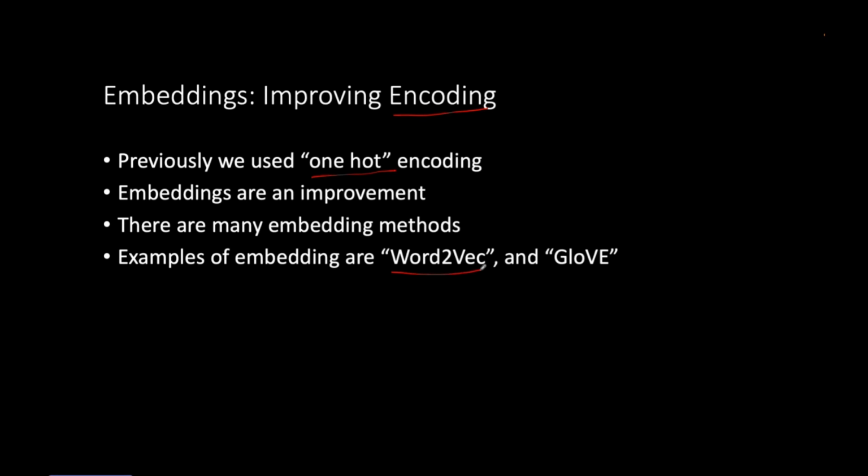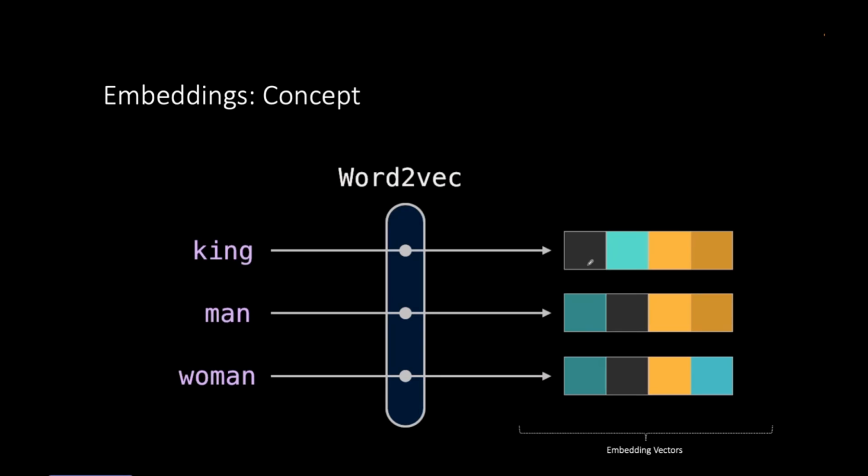A very famous one is Word2Vec or GloVe, but there's a full field dedicated to this. There are a lot of papers around, but just to get an understanding of what this means, the idea is that we go from a token or a word into an embedding vector.